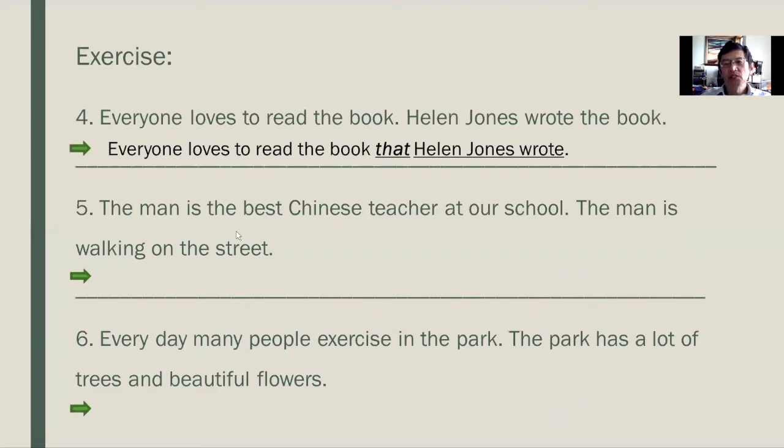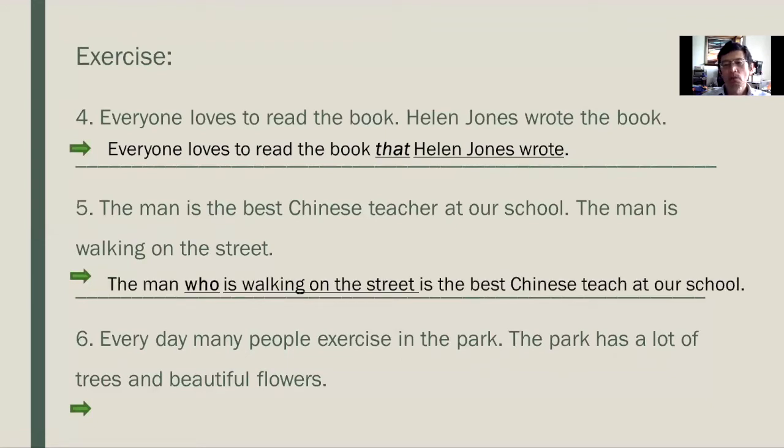The man is the best Chinese teacher at our school. The man is walking on the street. Can you combine this sentence into one using a clause word and clauses? The man who is walking on the street is the best Chinese teacher. Oh, this is a mistake here. It's the best Chinese teacher at our school.